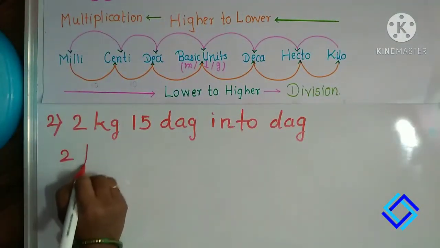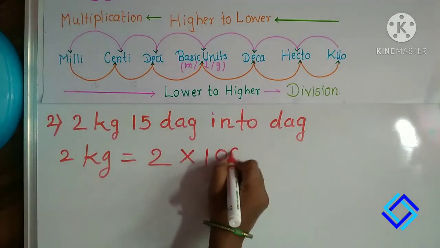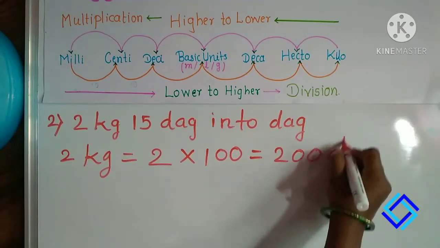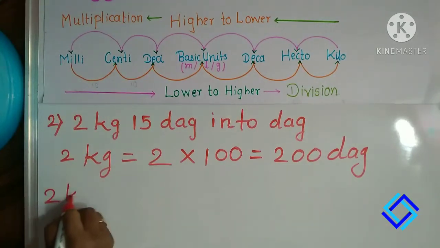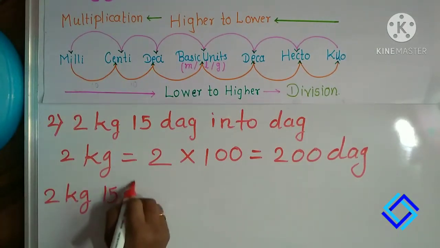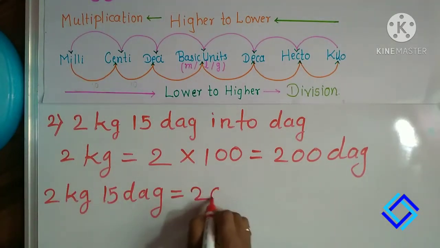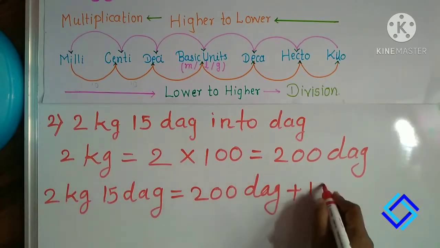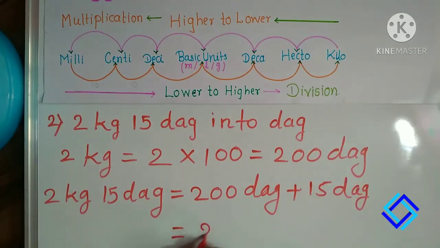So 2 kg is equal to 2 into 100, so it's equal to 200 decagram. So 2 kg 15 decagram is equal to 200 decagram plus this 15 decagram, it's equal to 215 decagram.